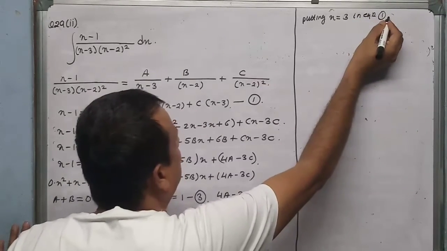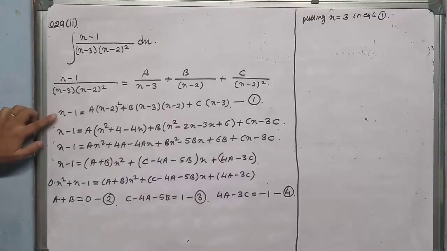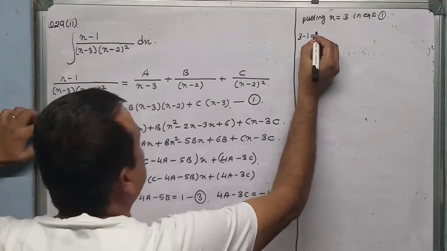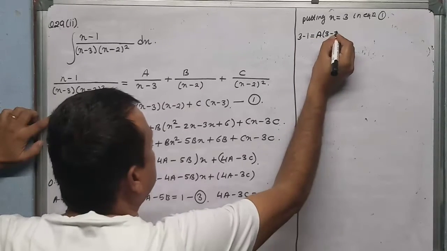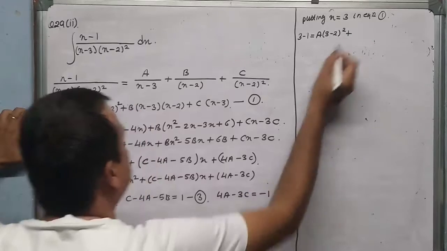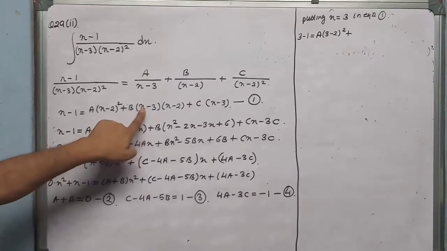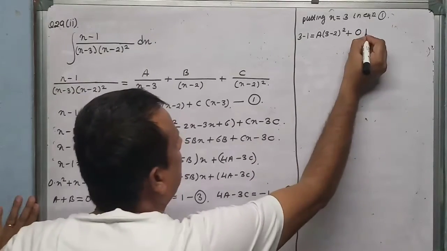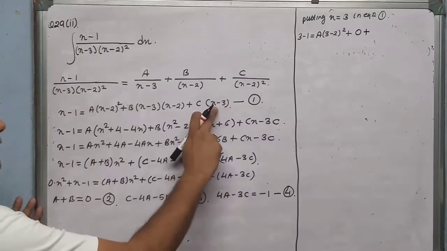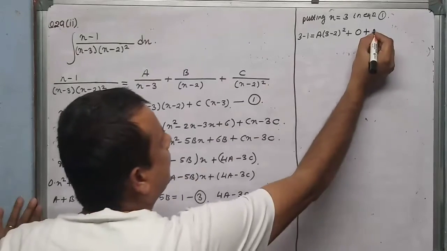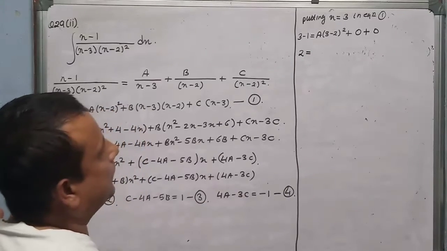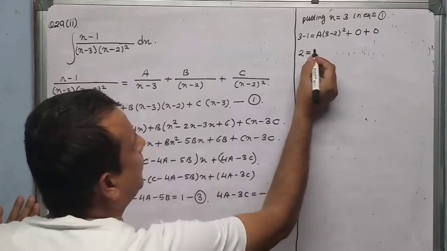equation 1. If I substitute 3 over here, 3 minus 1 is equal to a into (3 minus 2) whole square plus, if I substitute x equals to 3 over here, 3 minus 3 is 0. 0 into anything is 0. Plus, if I substitute 3 over here, x minus 3 is 0. Now 2 is equal to a, 3 minus 2 is 1, 1 square is 1.